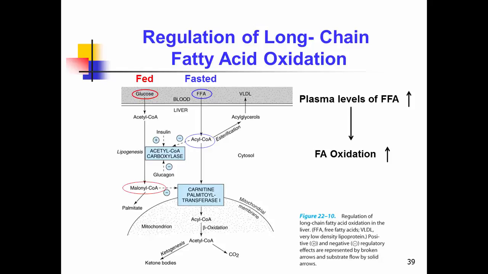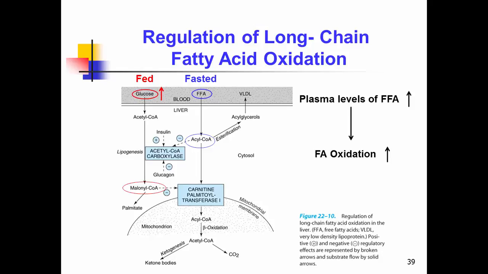Under the fed condition, we have higher levels of glucose, right? So glucose can be oxidized, and it is able to generate acetyl-CoA. Under the fed condition, acetyl-CoA is generated from glucose, and of course maybe proteins, but not much from fatty acids.